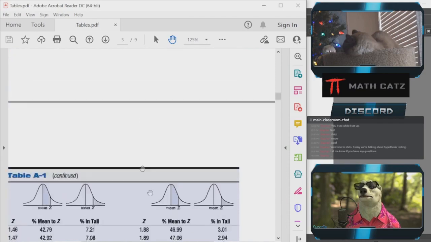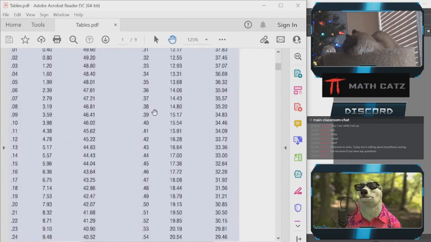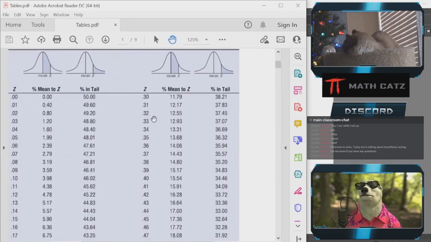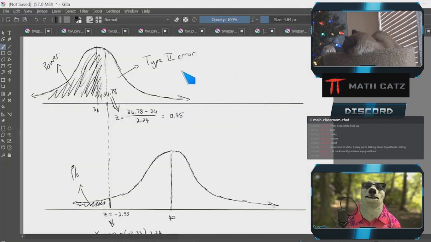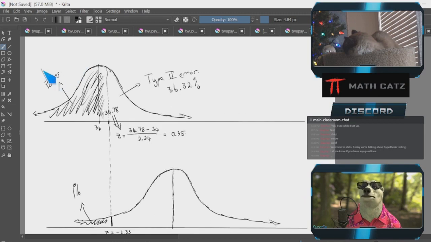I think I'm going to have to go way up for that. Well, not way up. 0.35 sits over here. And I get in the tail 36.32. So that's going to be 36.32%. And therefore the power is just 100% minus that.